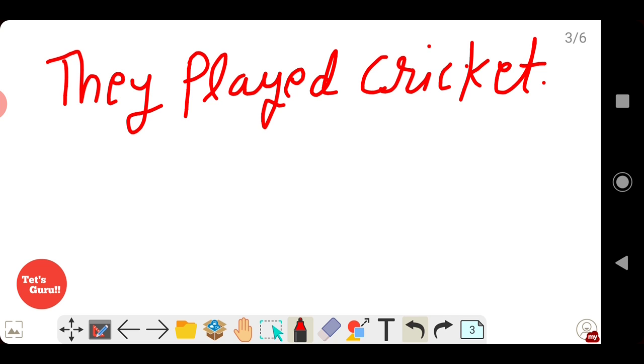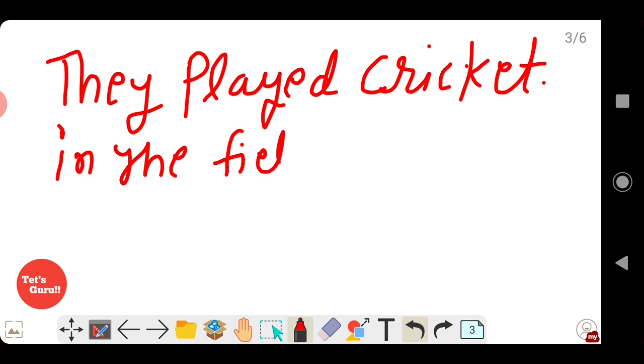If you want to attach an object, you can do that. They played cricket in the field.